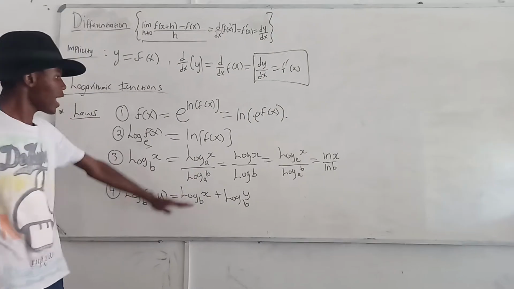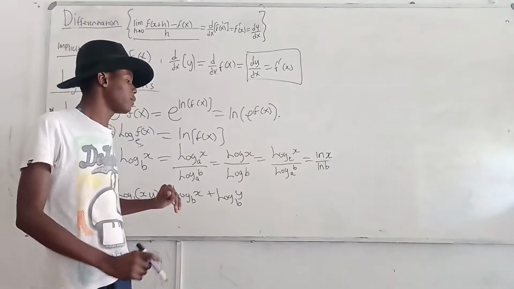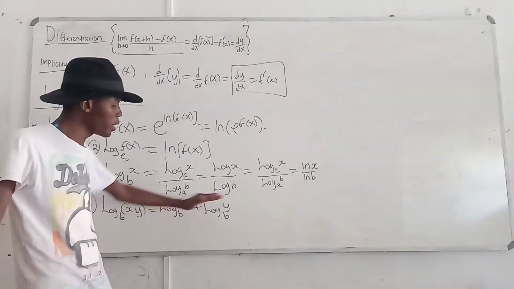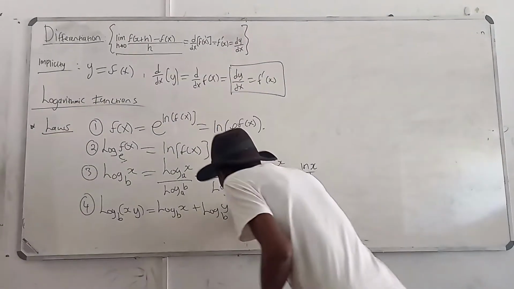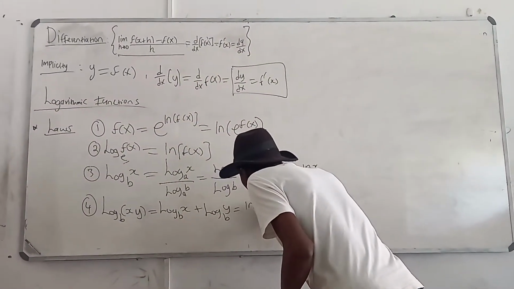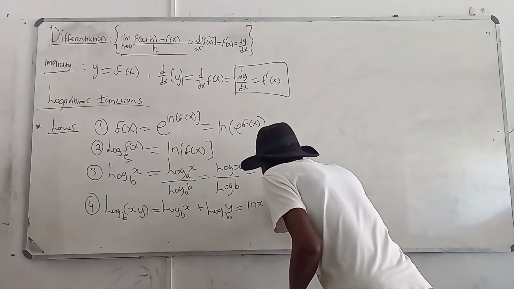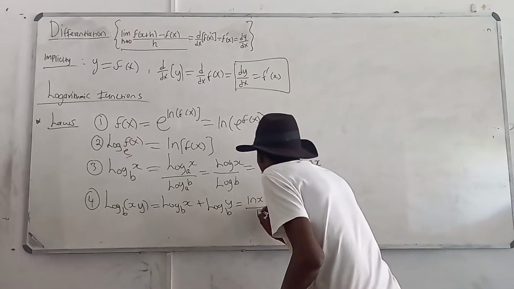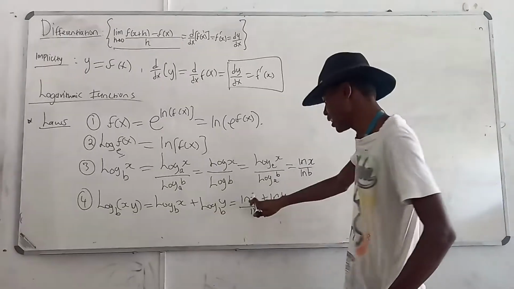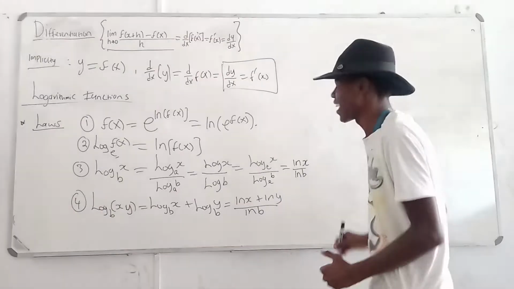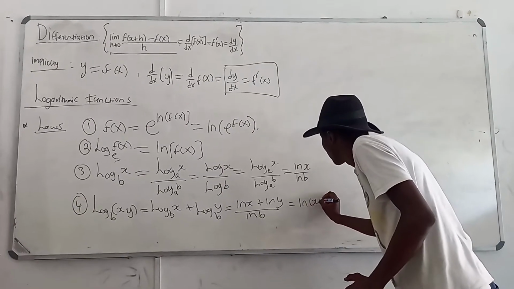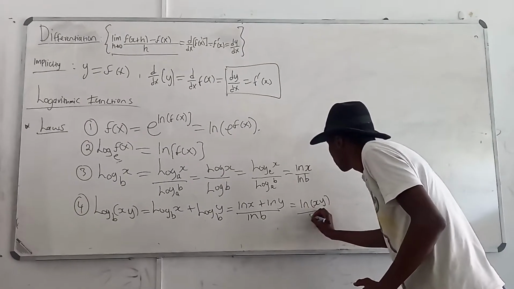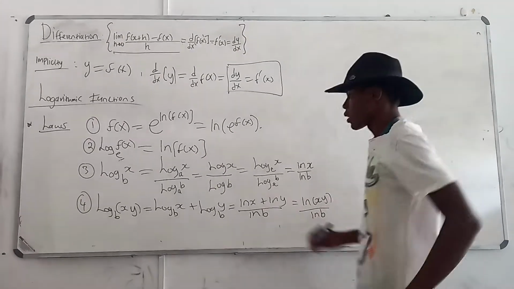Remember, log base b of x is ln x over ln b, and log base b of y is ln y over ln b. So this can be written as ln x plus ln y all over ln b, and ln x plus ln y is nothing but ln of x multiplied by y, divided by ln b.